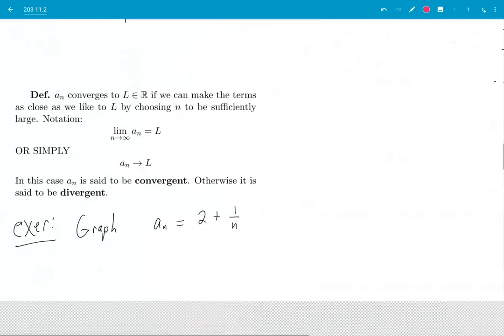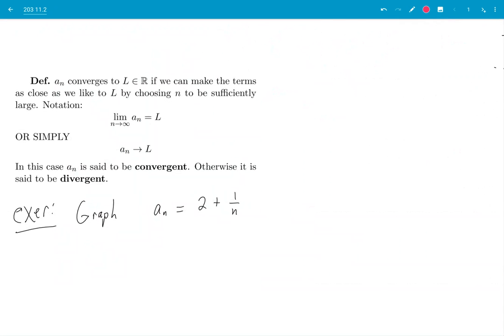Okay, we're now ready to define what it means for a sequence to converge. So pause and copy. So let's do this exercise. I want you to do this exercise, and I want you to guess the limit.